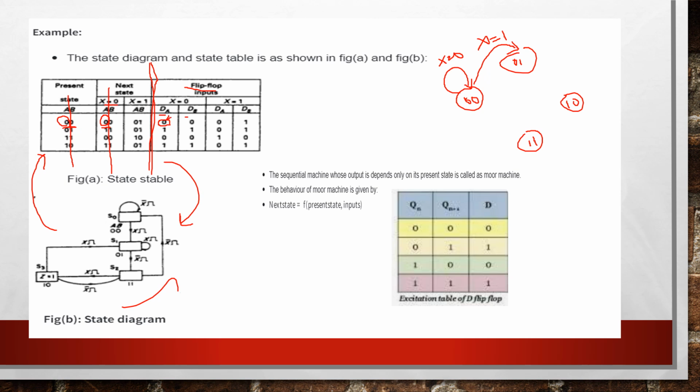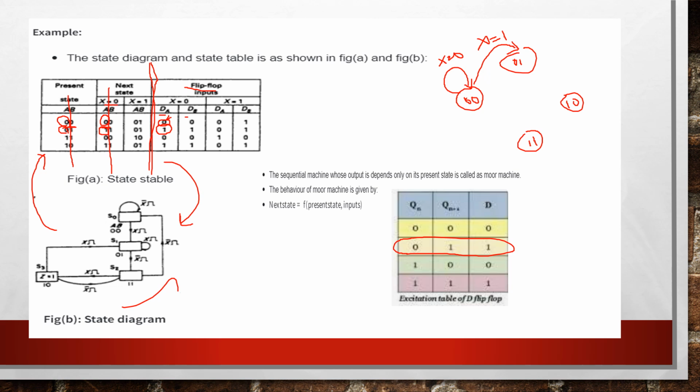Next, the combination A equal to 0 in the present state and A equal to 1 in the next state: for 0 1, we have the D value 1. Likewise, the table is filled by taking the present state and next state of the A values.